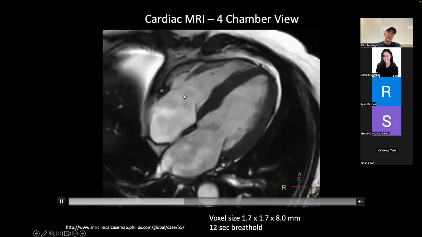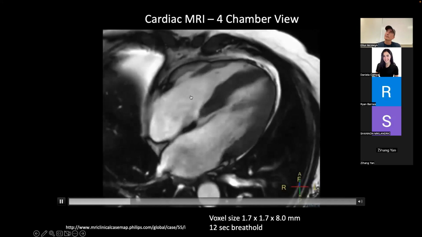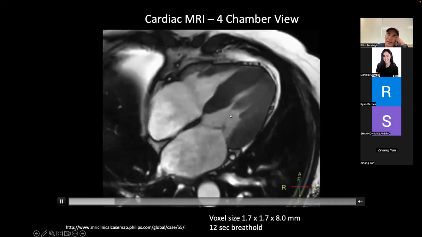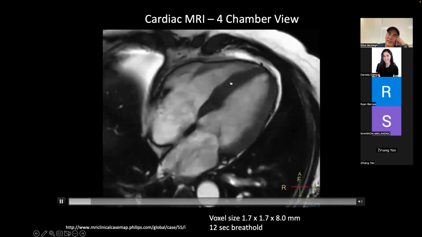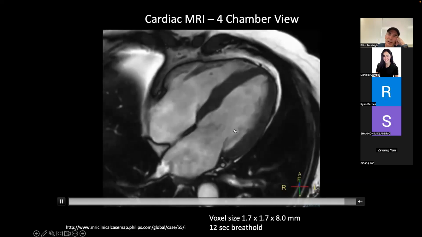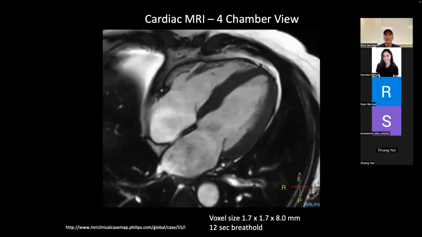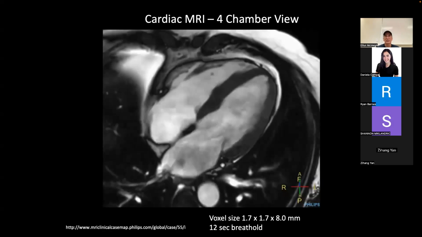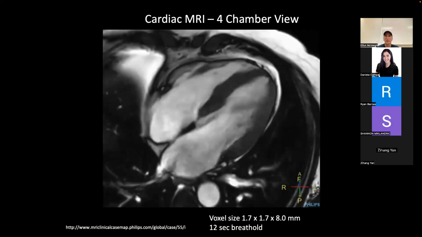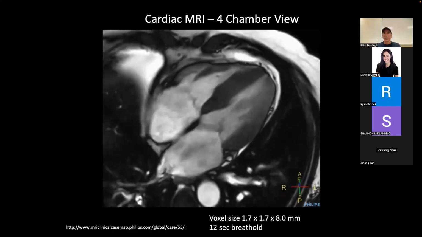Again, here's the valve between the right ventricle and the right atrium. What the hell's that one? We can see the septum getting thicker over time here, the left ventricular volume getting smaller. And so for function, and just doing ejection fraction of all chambers and doing myocardial wall thickening and stuff like that, MR is a superstar, right?